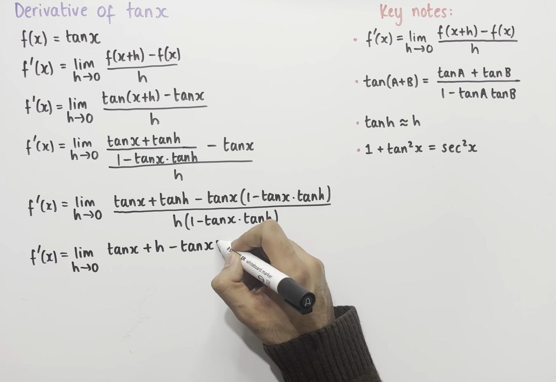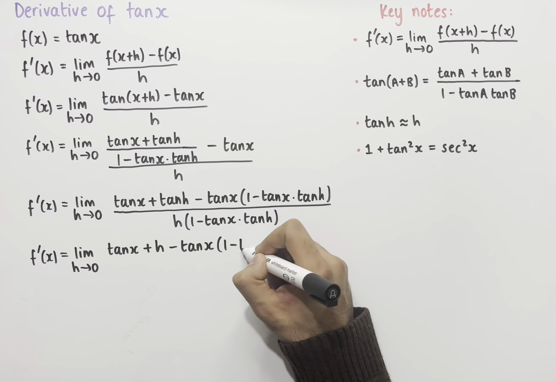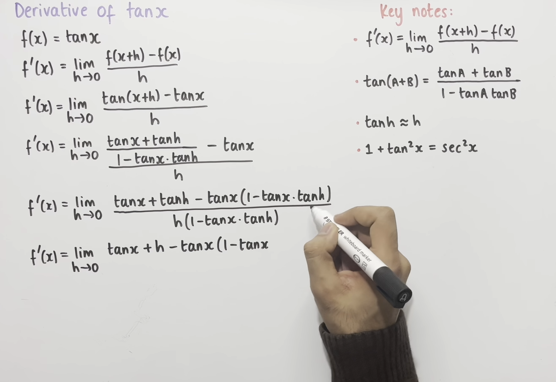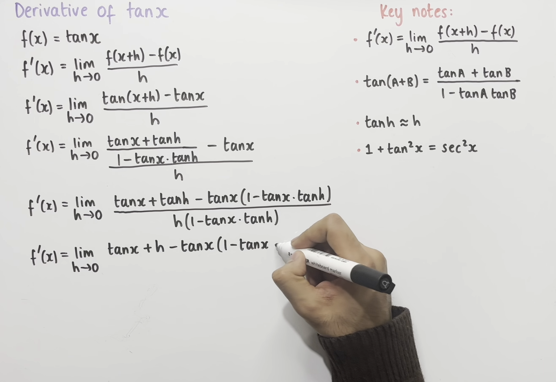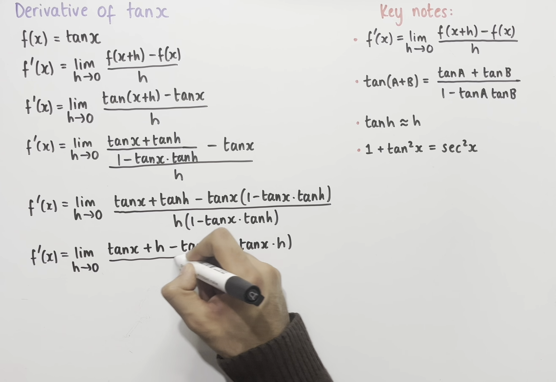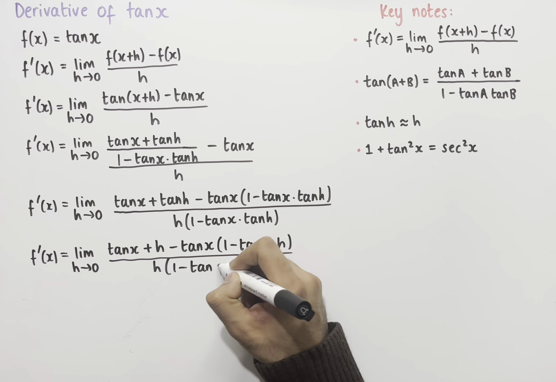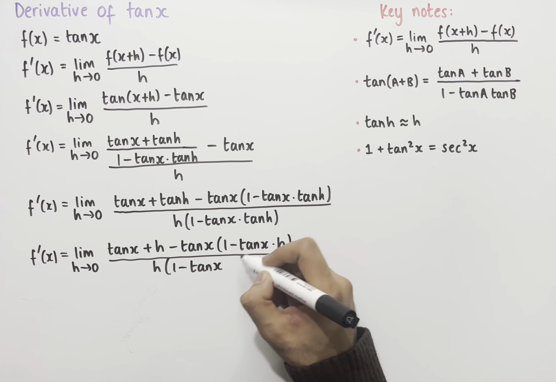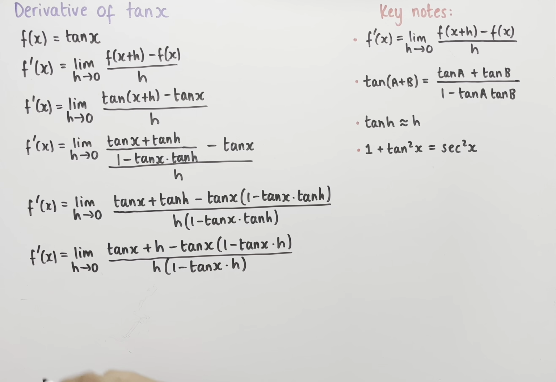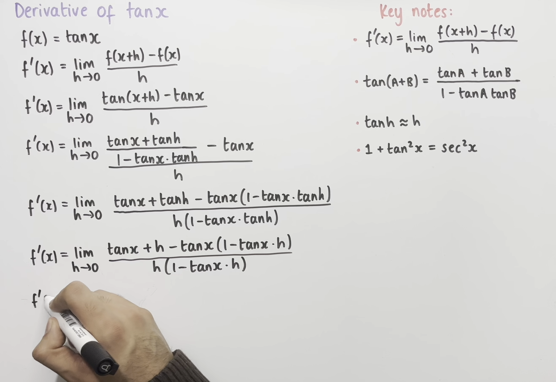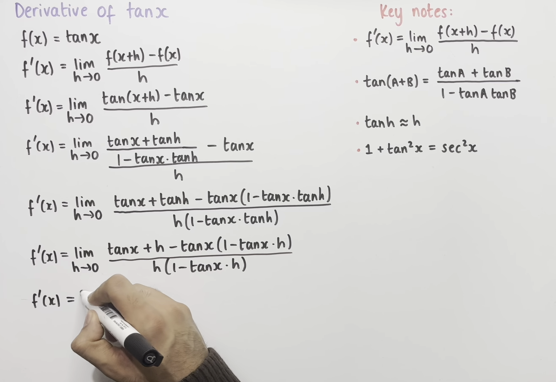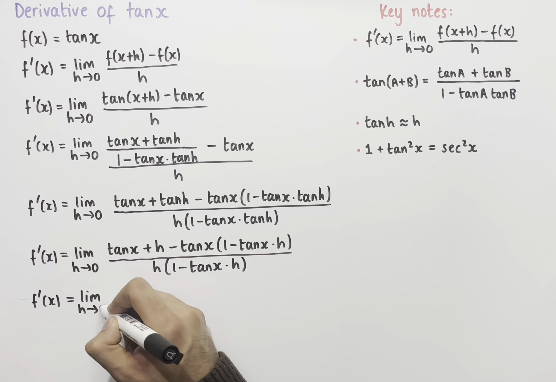And then inside the brackets, we get 1 minus tan x times, instead of tan h now, we can write h, all over h, brackets 1 minus tan x, and again instead of writing tan h we can now write h.